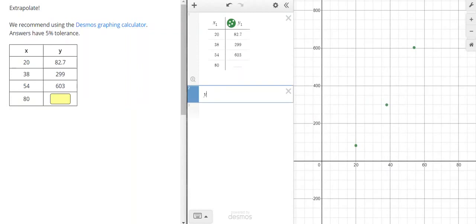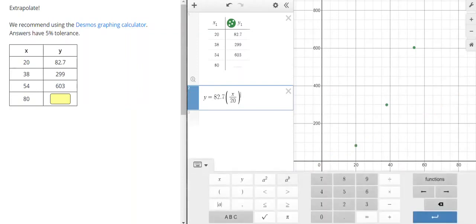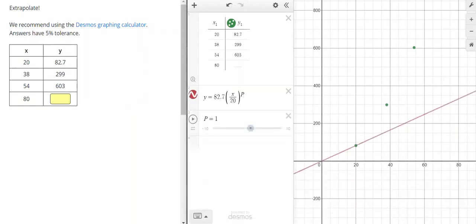How I do that is I type in y equals, and I type in my first value for y, 82.7, open parentheses, then x divided by that corresponding value for x, so in my case 20. Close the parentheses, and then put in an exponent that I'm going to call p, and click on add slider.